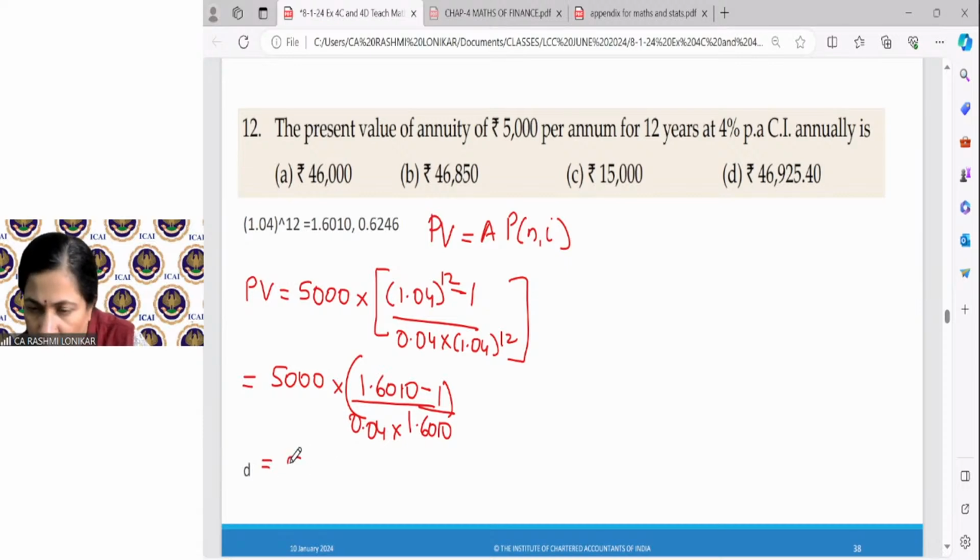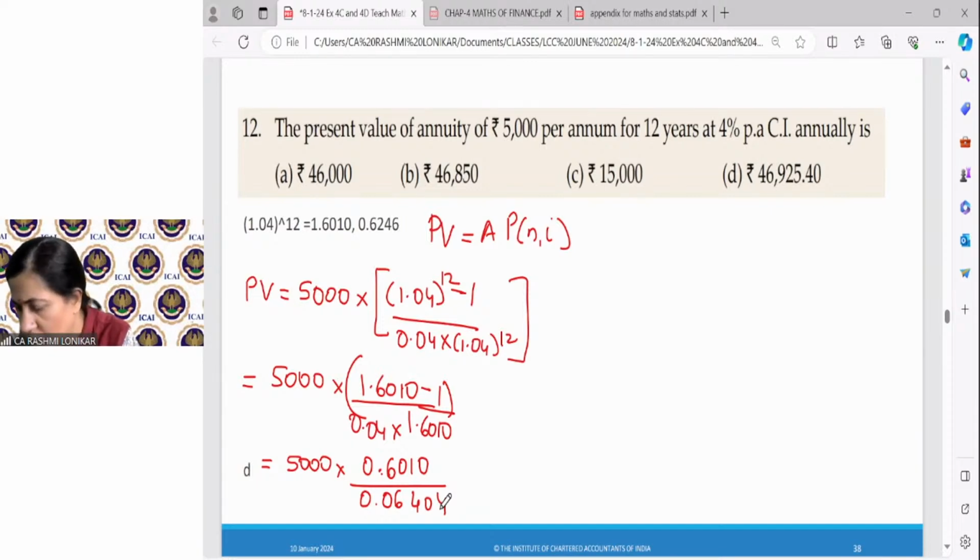This is equal to 5,000 into 0.6010 upon 0.04 into 1.6010, which is 0.06404. 0.6010 divided by 0.06404 is 9.3.